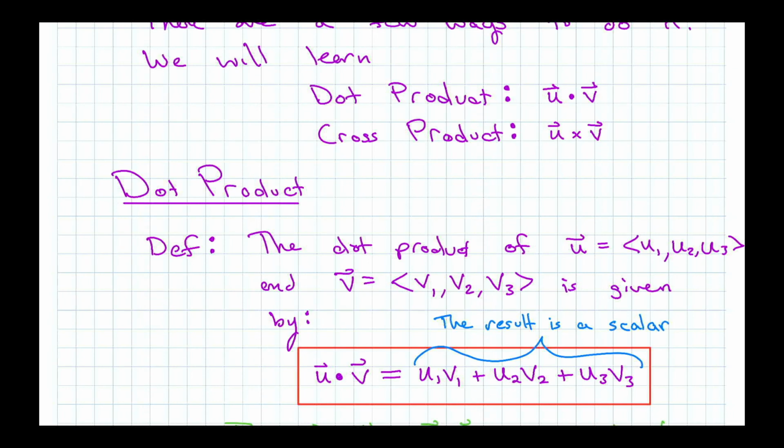The reason we call these products is because the operations obey some of the laws of multiplication in real numbers, like how multiplication works. Like if you multiply something by 1, you get the same thing back. That's a property that multiplication has in real numbers.